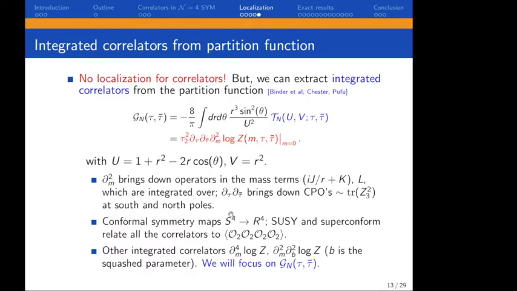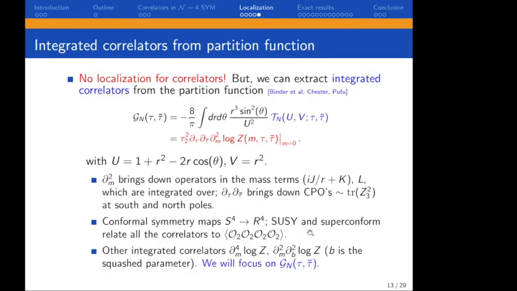But as we said, this partition function was defined on S4, while I am interested in the correlator on R4. So you have to do a conformal map that brings you from S4 to R4. Furthermore, by taking derivatives, I actually bring down a bunch of operators, which are eventually related by supersymmetry or superconformal symmetry to the one I want to study, called O2.